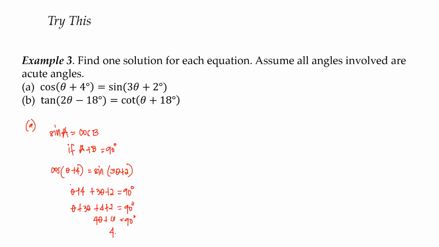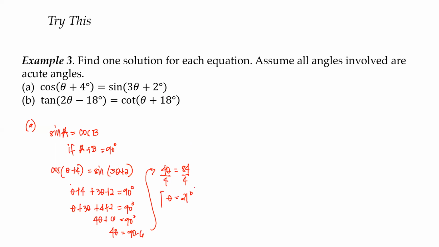So 4 theta is equal to 90 minus 6, that's 84. Divide both sides by 4. So theta is equal to 84 divided by 4, which is 21 degrees.